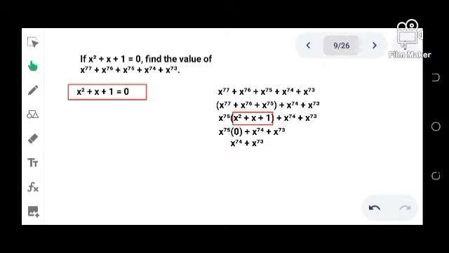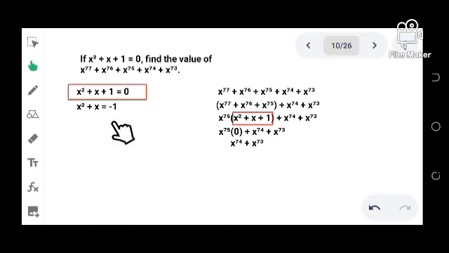Now, the same thing that we are going to do here, we are going to rewrite this expression so that it would contain this expression. Or if not, we are going to transform this expression in order to find a suitable expression that can be substituted here. Now, let's transpose 1 to the other side.